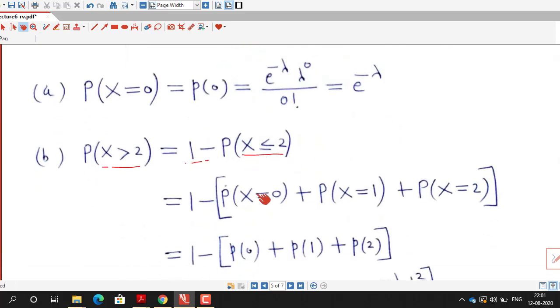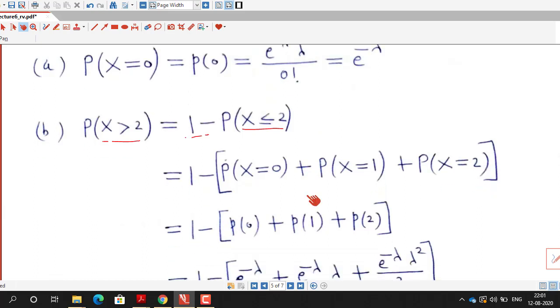This is nothing but the probability of X equal to 0 plus the probability of X equal to 1 plus the probability of X equal to 2. Here we are using the fact that all these events are disjoint. So we can rewrite this as the value of the PMF at 0 plus the value of the PMF at 1 plus the value of the PMF at 2.